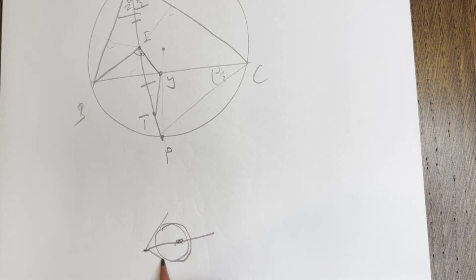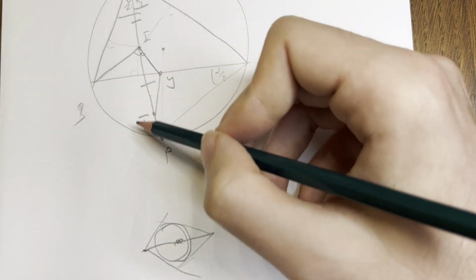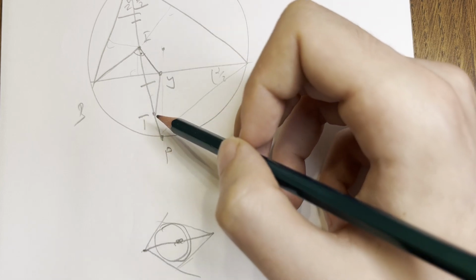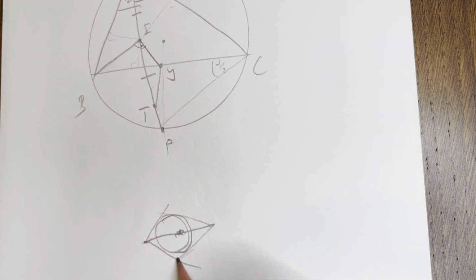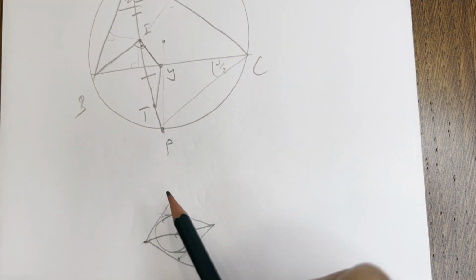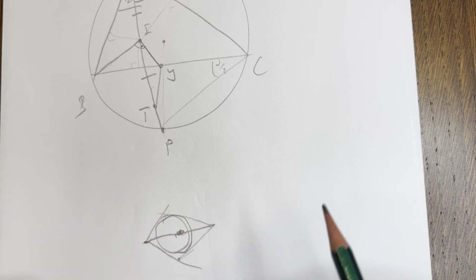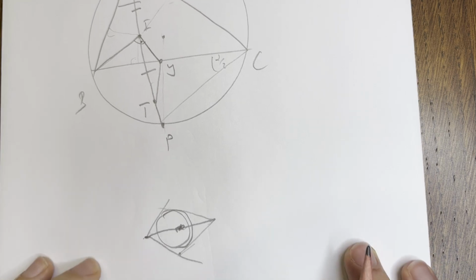And you draw 2 tangents here, and now you draw 2 tangents here. Because if TY is tangent to the incircle, as in this case, what can you say about this quad, so to speak? Right here, pause for a minute and think about this.